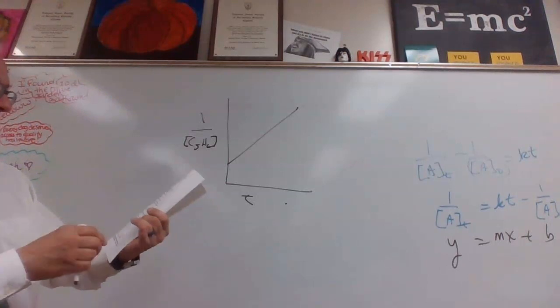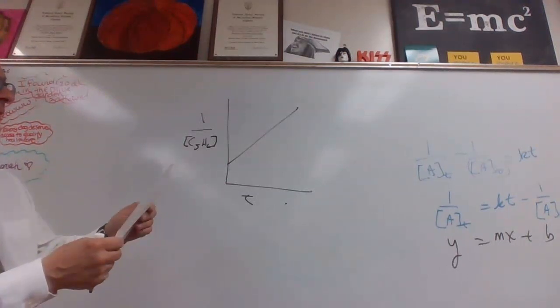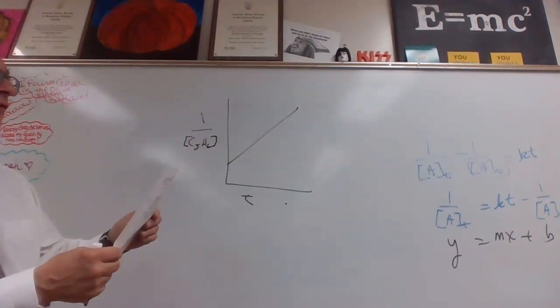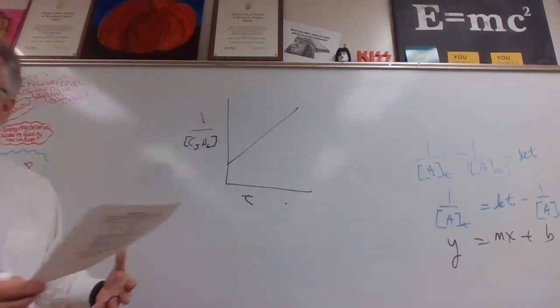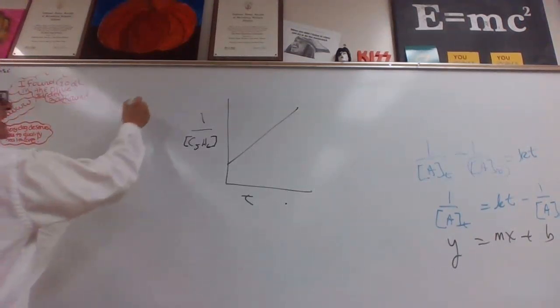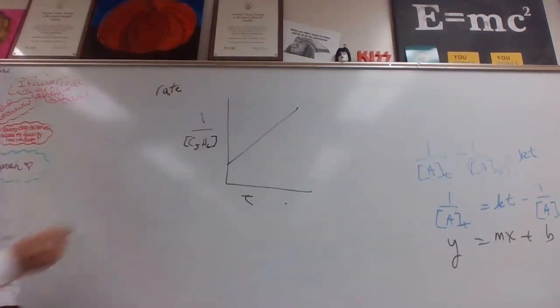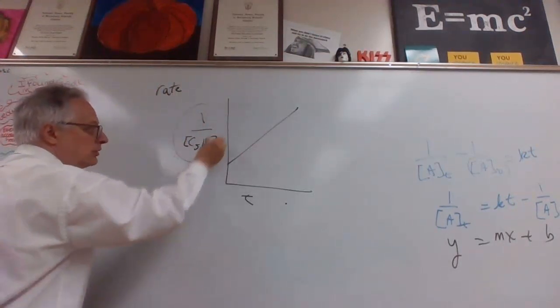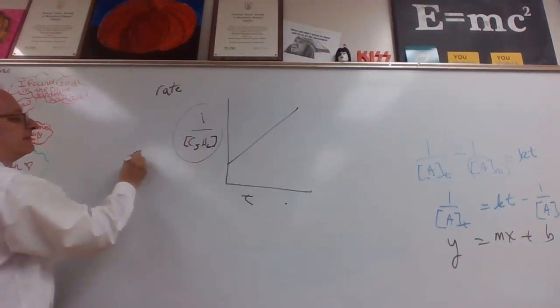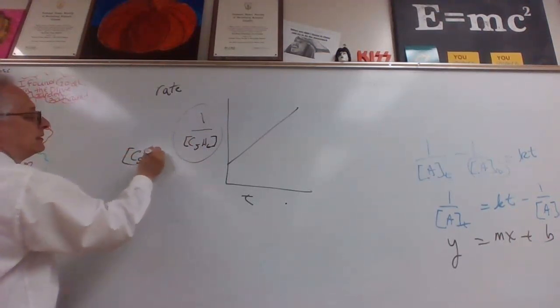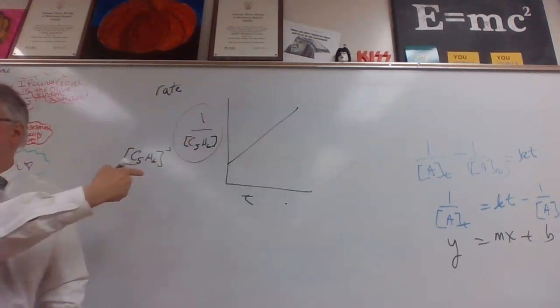Now, for example, they say, what is the rate law for the overall reaction? We can write that because we know how to write rate laws for second order reaction. Because if you look at the reciprocal, now they write it as this, C5H6 to the minus 1. That means the same as that.